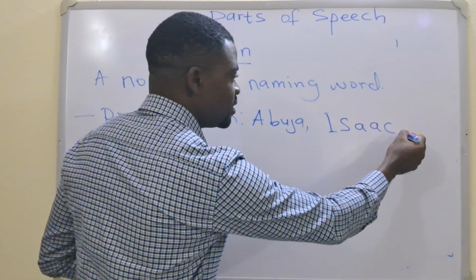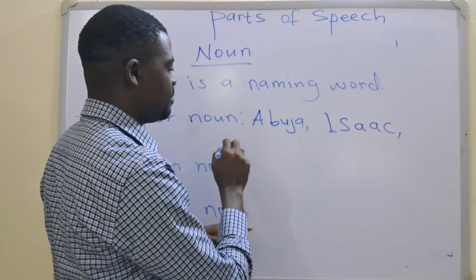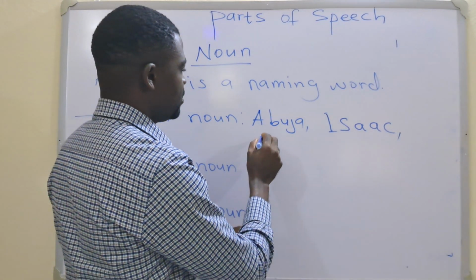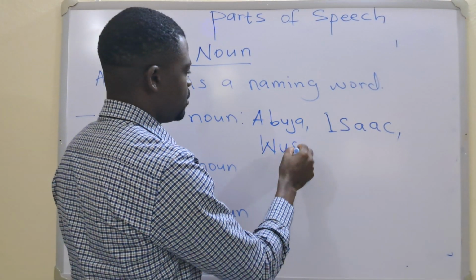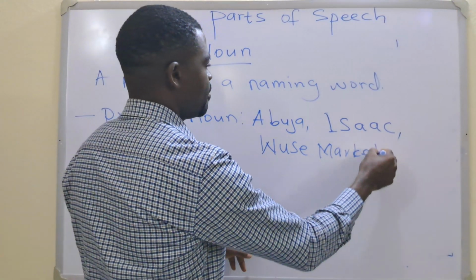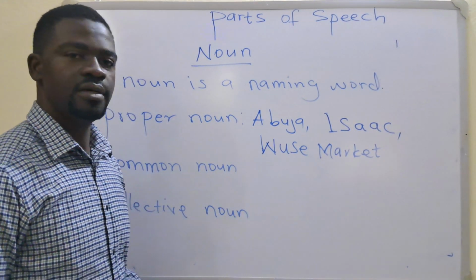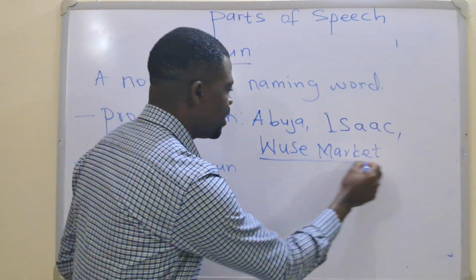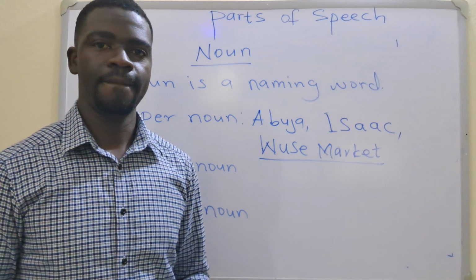It could be a market, a name of a market. So you can say Wuse market. So if you see Wuse market, you know that this is a proper noun because there is only one Wuse market.